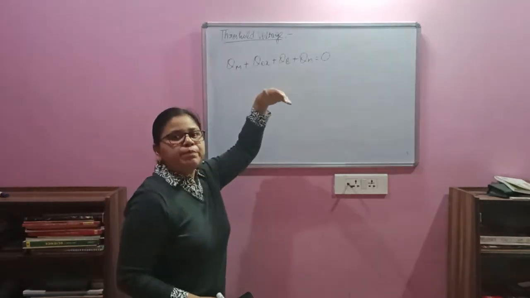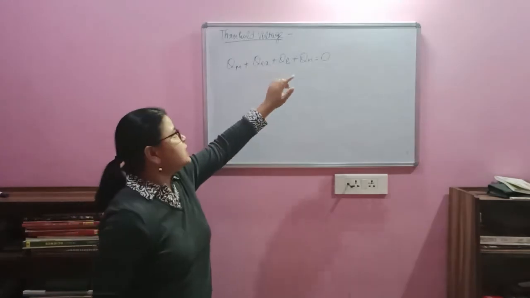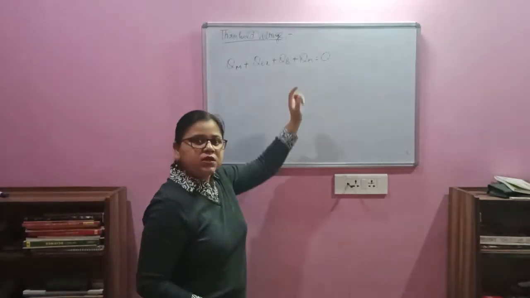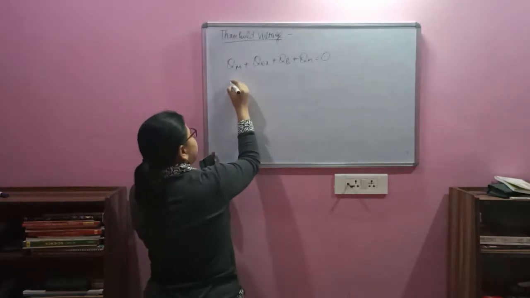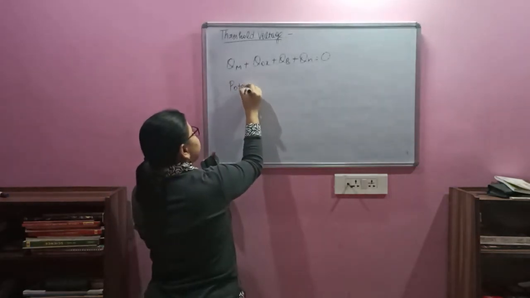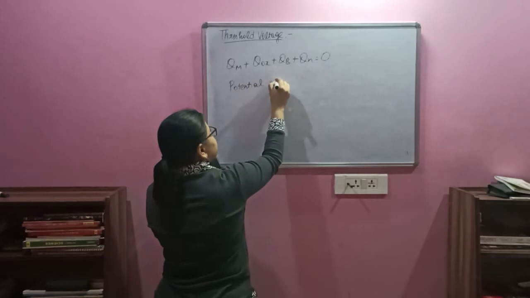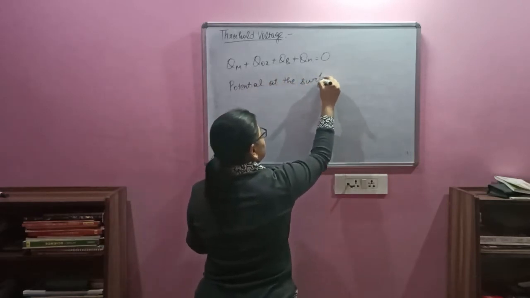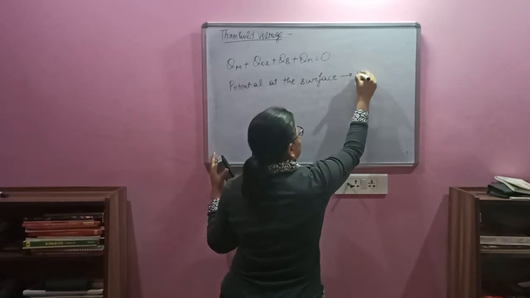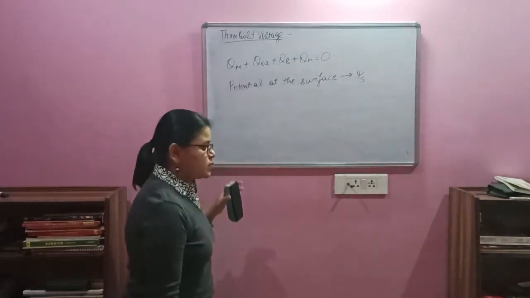If a P channel device is considered, then this QN will be replaced by QP. Now if we talk of the potential at the surface, that is given as psi s.